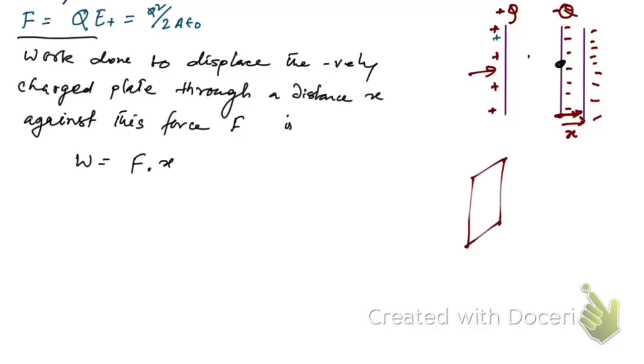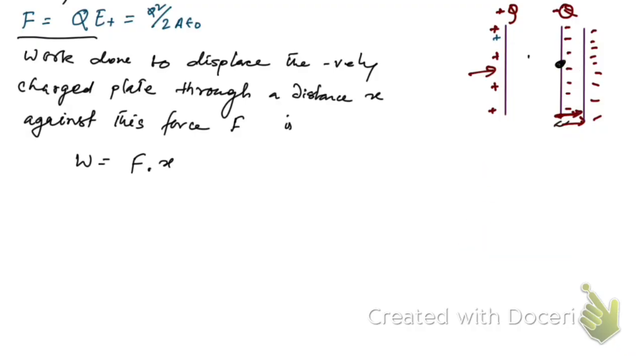If you have displaced this plate through this distance x, then the volume of this portion will be A into x. A is the area of this plate and this is x, so A into x gives the volume. Hope you have understood this. So this work done will be stored as the energy of this electric field in this volume.